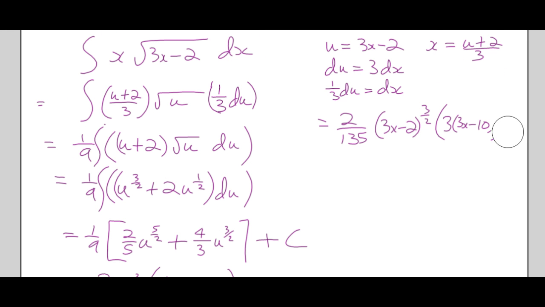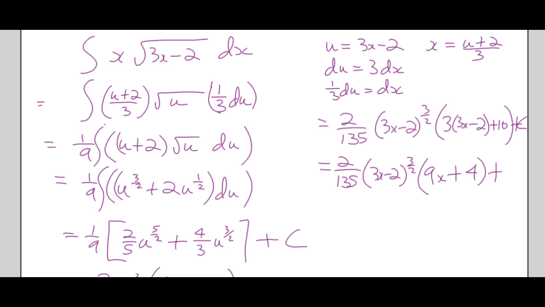So 3u plus 10. What am I doing? 3u plus 10 plus c. Okay, last little bit of cleaning up. So we get 9x minus 6 plus 10, plus c, which is 9x plus 4. And that's the end of that.